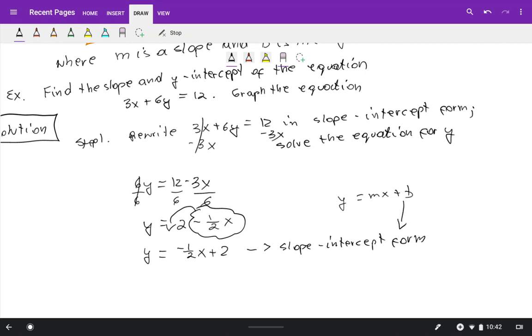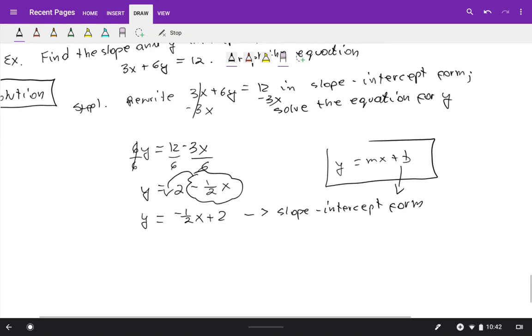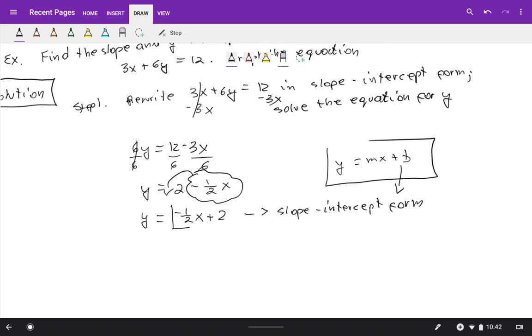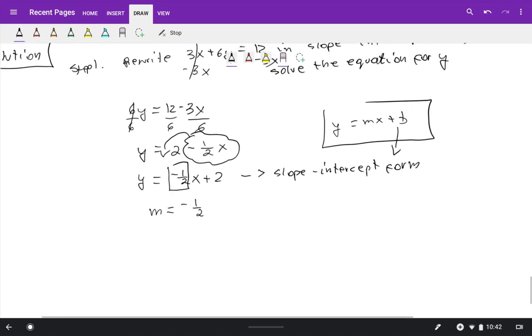This is slope-intercept form. Having slope-intercept form, you know that the coefficient in front of x is your slope. So we know the slope is equal to negative 1/2, and the y-intercept is the number which is by itself. So this is our y-intercept, positive 2.